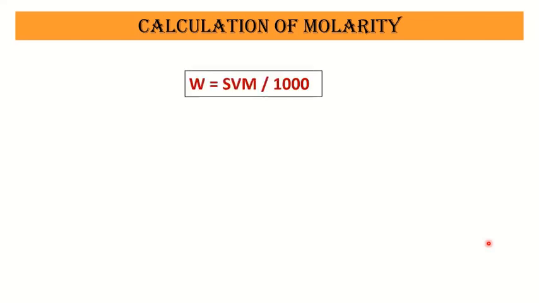Here only one formula is there, that is W, that means amount of solute, equals SVM divided by 1000. Here S is the molarity of the solution, V is the volume of the solution, and M, capital M, that is the molecular mass of the solute.